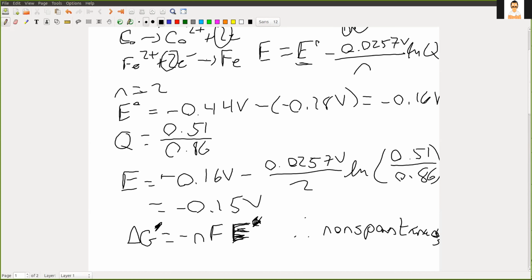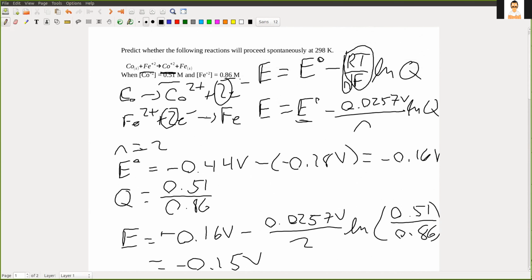You can look at this equation and determine that there are concentrations of cobalt 2+ and iron 2+ that could result in a much larger, more positive cell potential. If that cell potential ever gets very positive and higher than 0.16 volts, then our change in Gibbs free energy will be negative, and that will mean it's spontaneous.